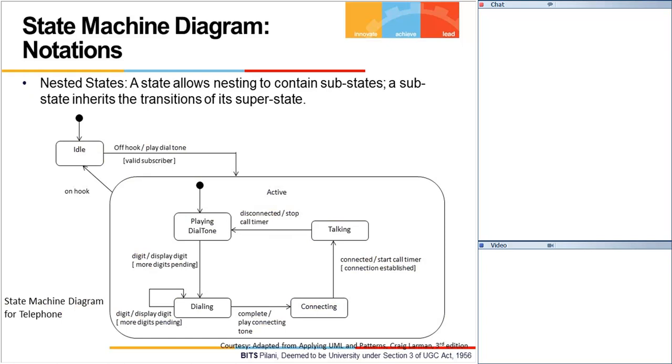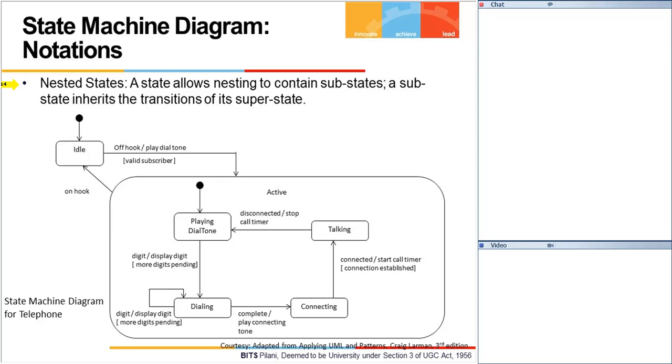So there is something called nested states, right? What happens in nested state? A state allows nesting to contain substates, right? A substate inherits the transition of its superstate, right? So if you see, this particular diagram is an elaboration of the previous diagram, right?